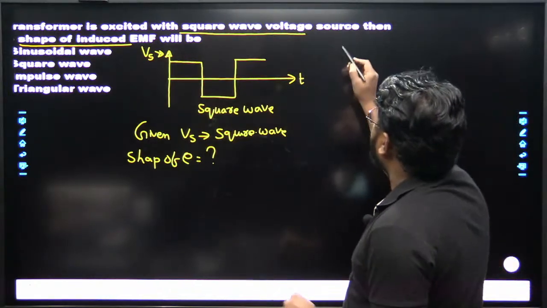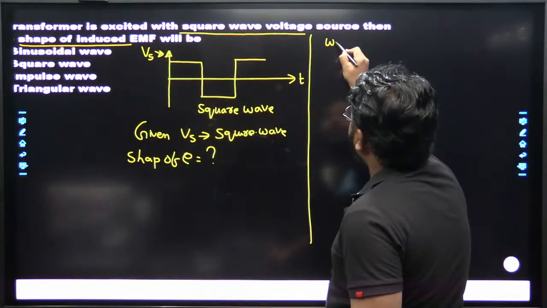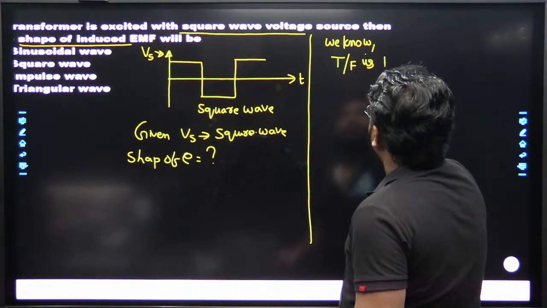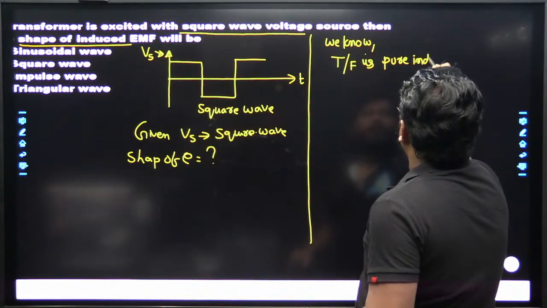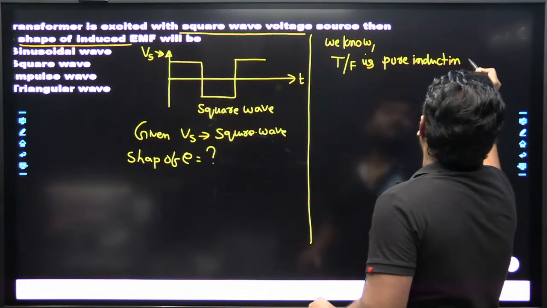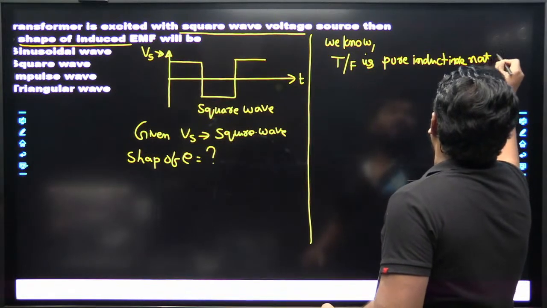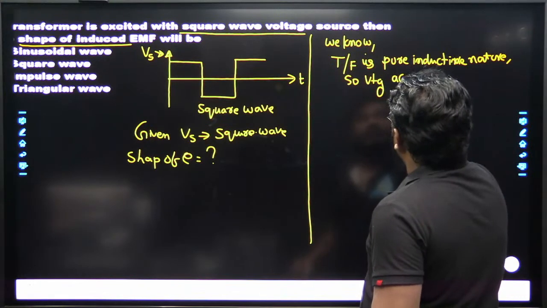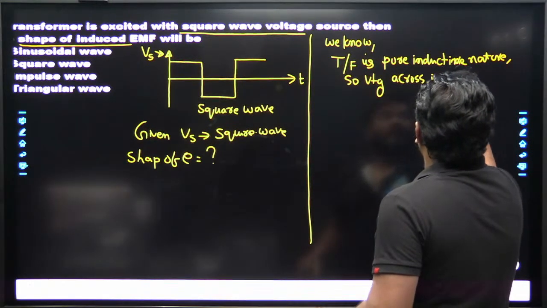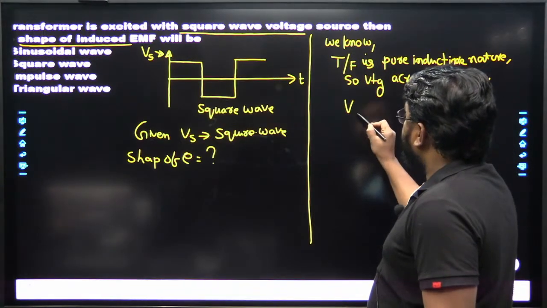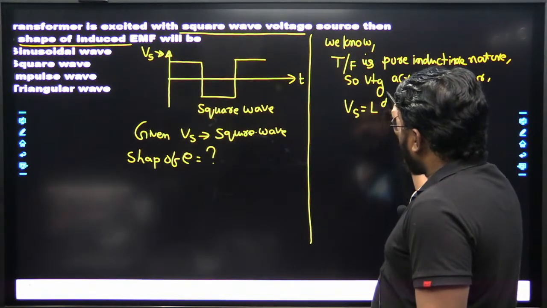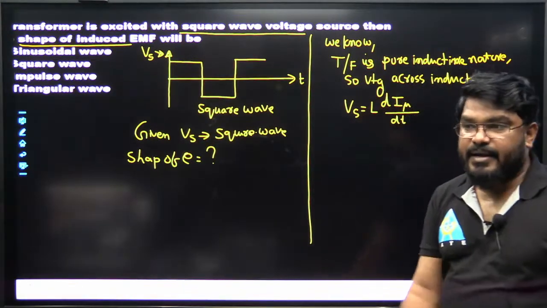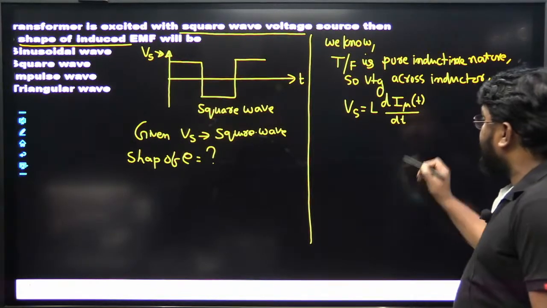So the voltage across the inductor, that means Vs, is equal to L times d i_mu by dt, where i_mu of t is the magnetizing current.